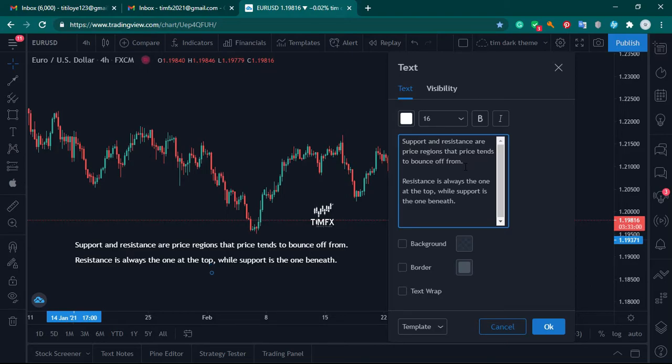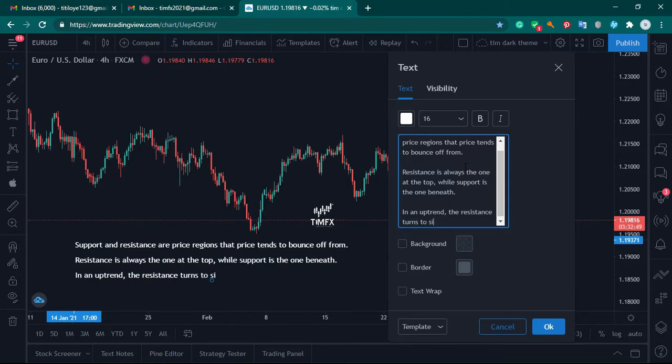And lastly, in an uptrend, the resistance turns to support. Sorry, I'm slow in typing.